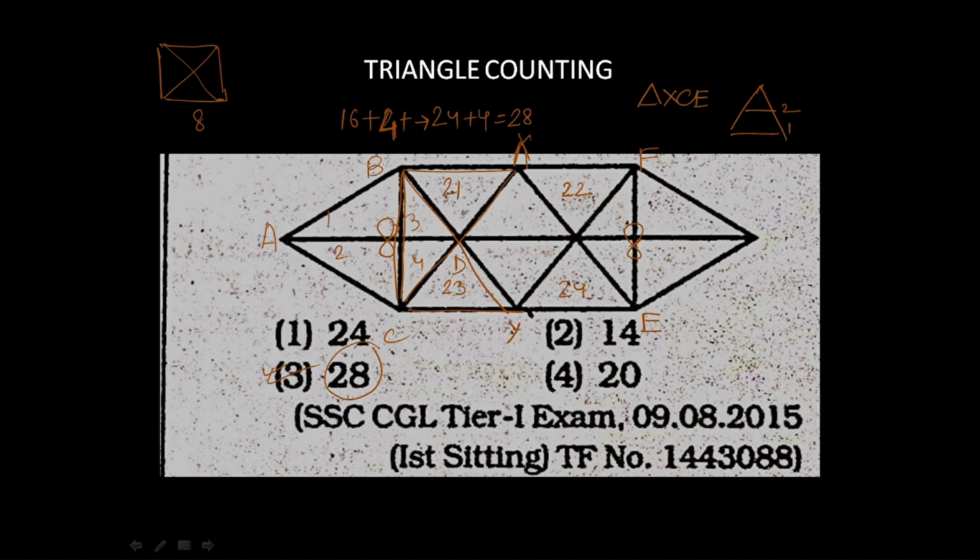Some questions will be homework for you, so you have to solve that at home. That is how you become smoother in figure counting. First of all, you have to solve triangle counting, then squares, rectangles, all. There are 6 types which we have discussed: squares, rectangles, triangles, straight lines, circles, polygons.